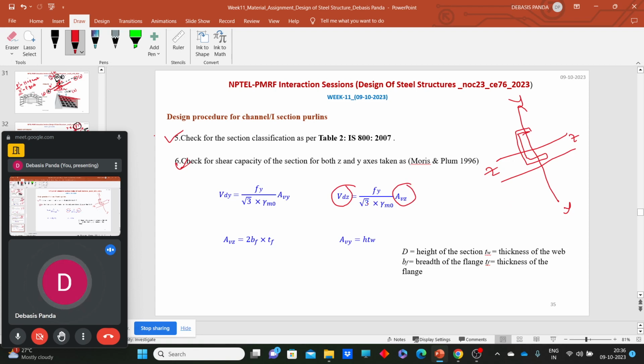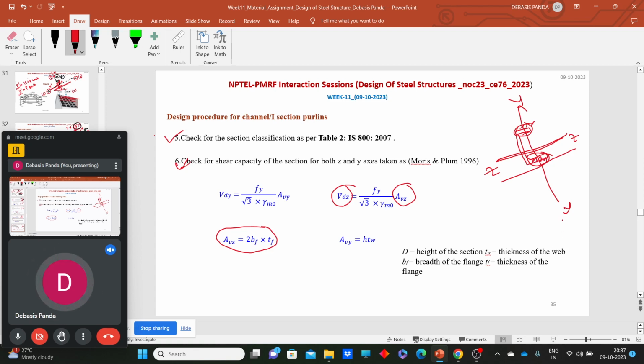It will be 2 into BF multiplied by TF, the thickness of the flange. With respect to ZZ axis, the BF portion here and the BF portion here, multiplied by the thickness of the flange, give the area of the top portion and the area of the bottom portion.